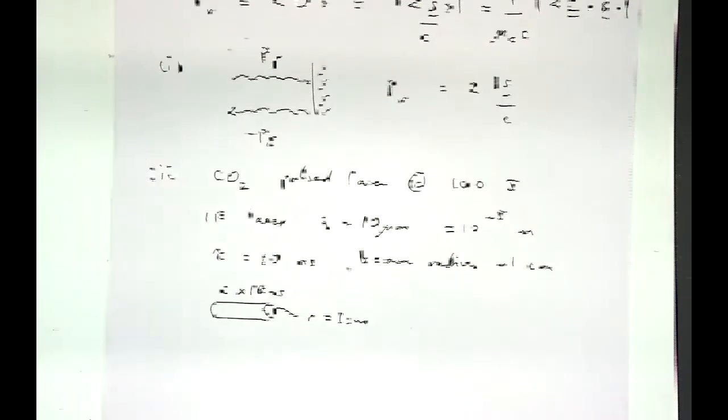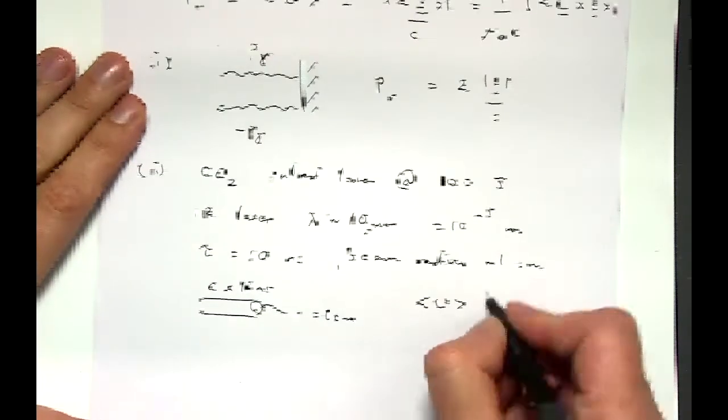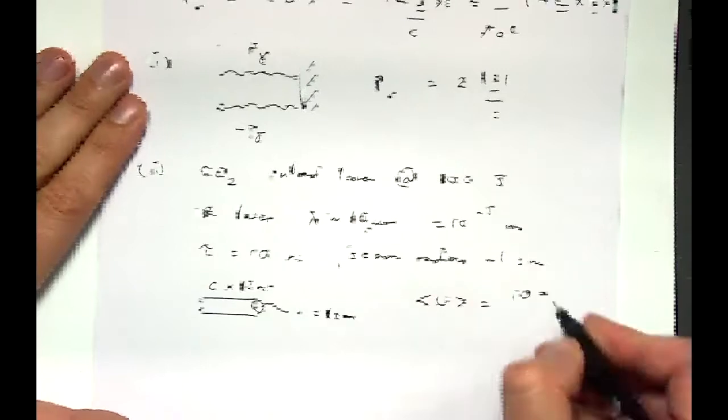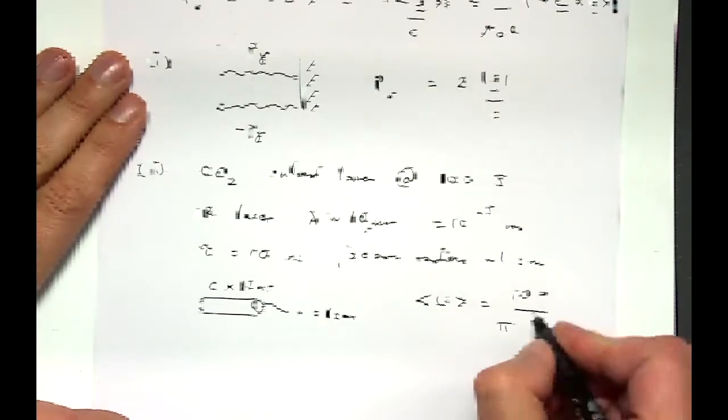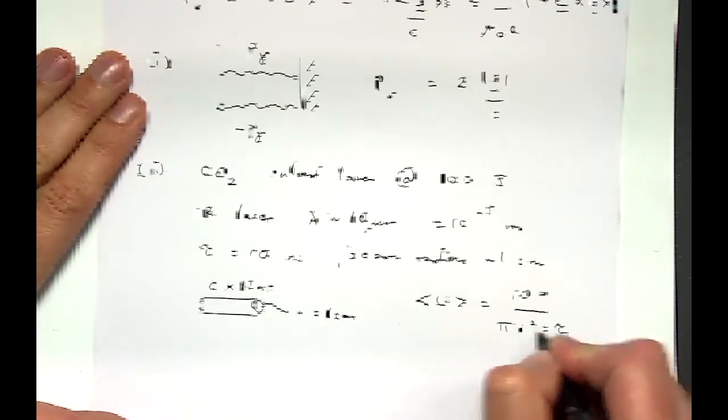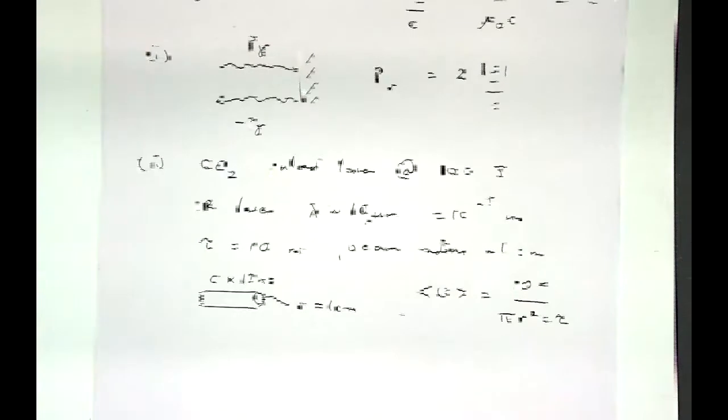We're going to do an order of magnitude calculation. So we're going to work out that the energy density u is 100 joules divided by pi r squared c tau, if you refer back to that previous formula.